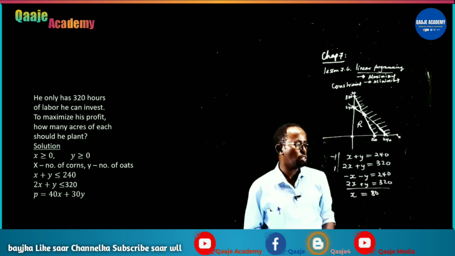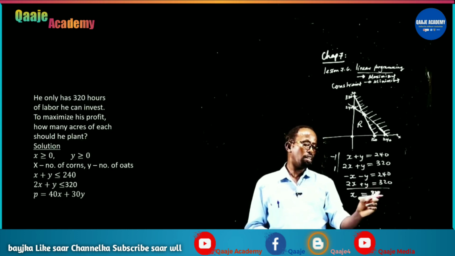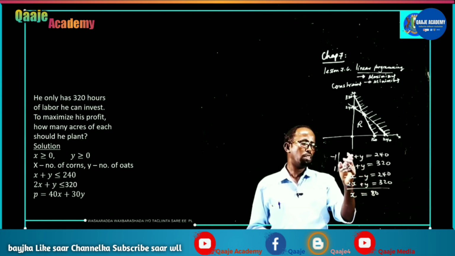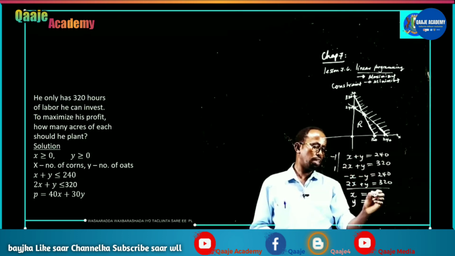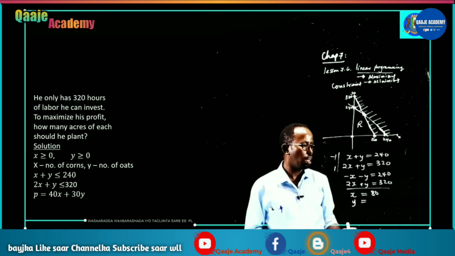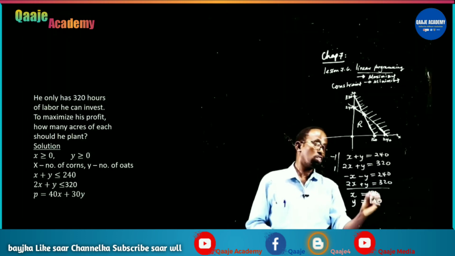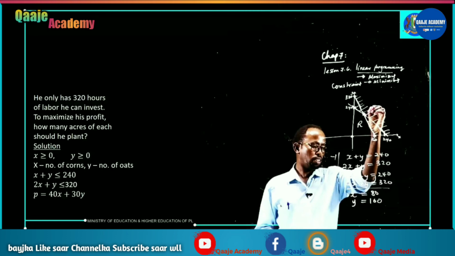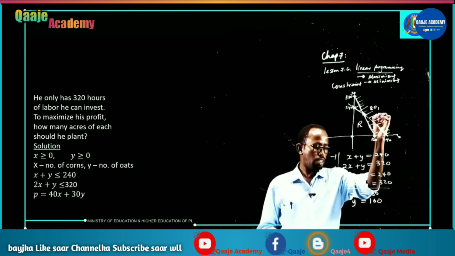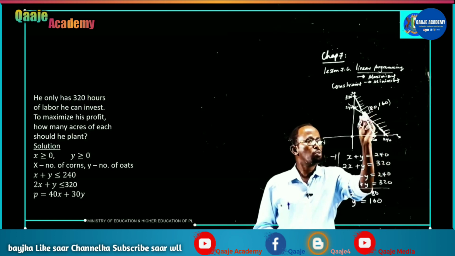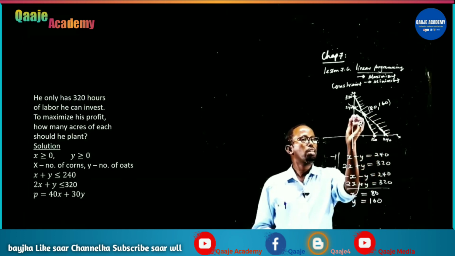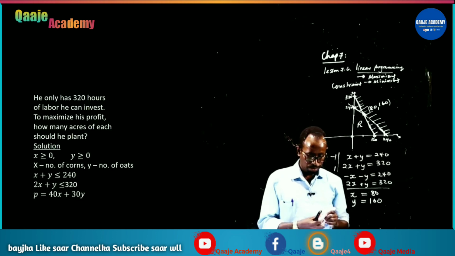So when x is 80, what is the value of y? Just put 80 here and then you transfer. You get 240 minus 80, you get 160. So my corner point is x equal to 80 and y equal to 160.